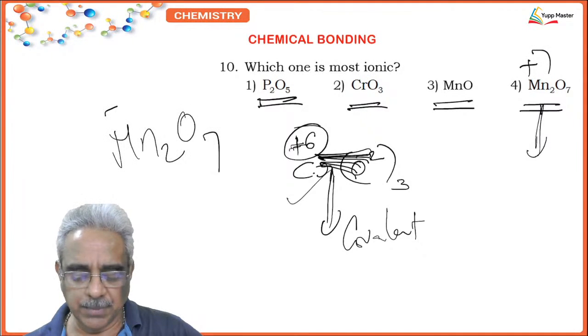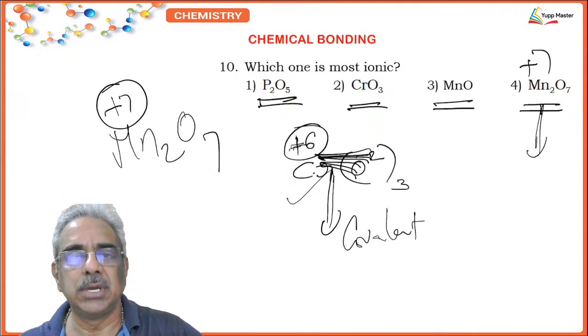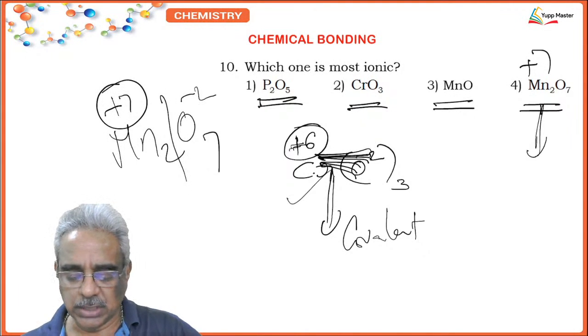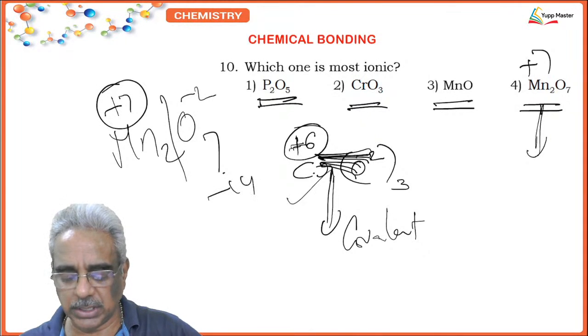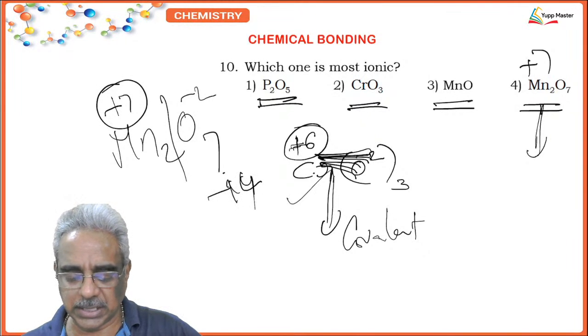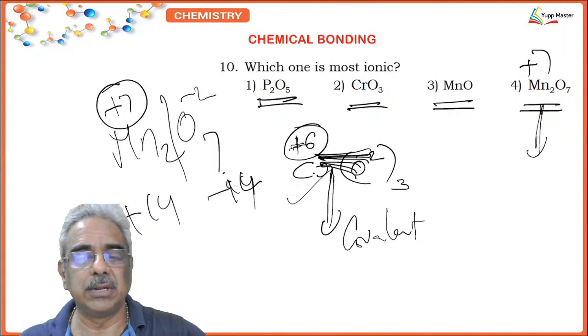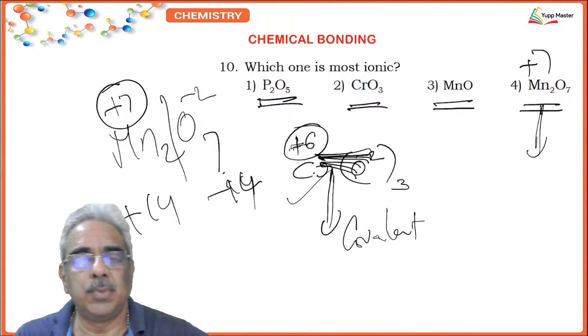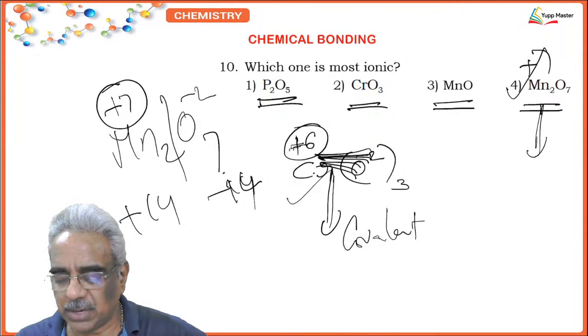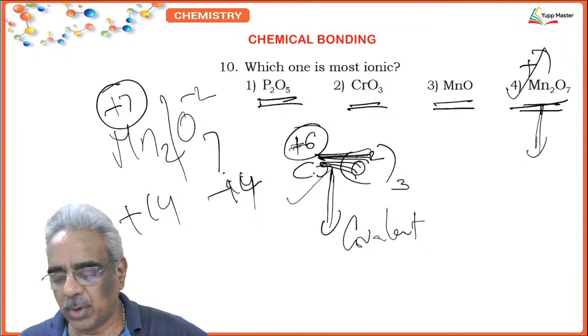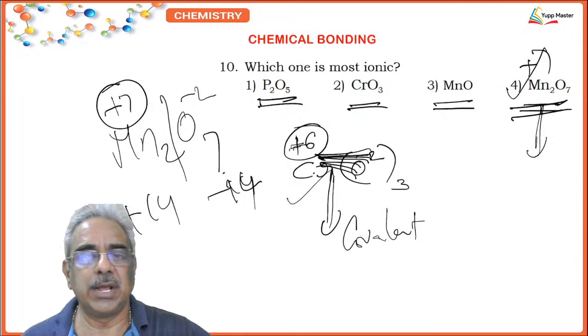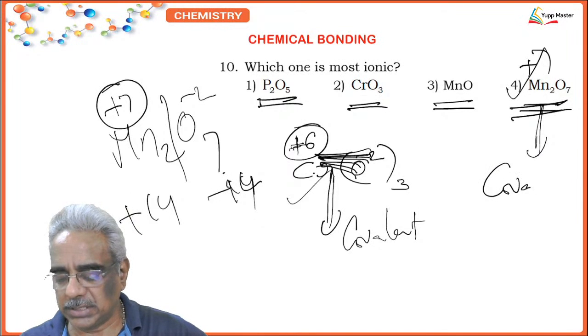And coming to 2 manganese oxides, in here if you count, manganese will have +7, Mn2O7. Mn2O7 means what? Manganese is in +7 state, because each oxygen is -2. There are 7 oxygens, -14. There are 2 manganese atoms, so +14. Each manganese is in +7 state. +7 is a very big positive charge, so manganese will have tremendous polarizing power. It will polarize the oxygens, oxide ions, so it will be covalent in nature.